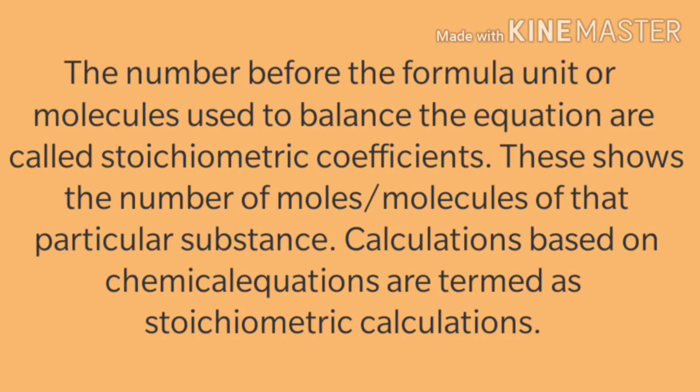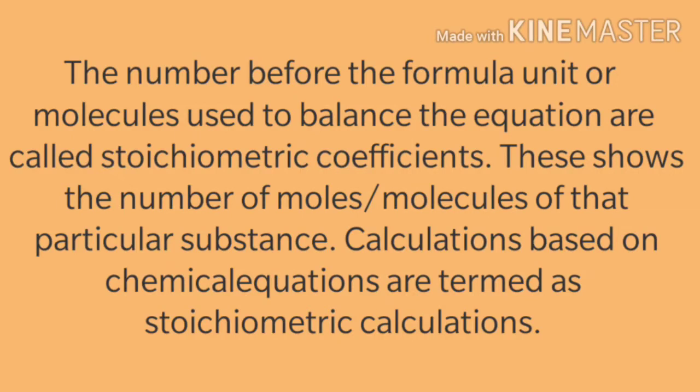These show the number of moles or molecules of that particular substance. Calculations based on a chemical equation are termed stoichiometric calculations. So calculations which we do on the basis of the balanced chemical equation are called stoichiometric calculations.